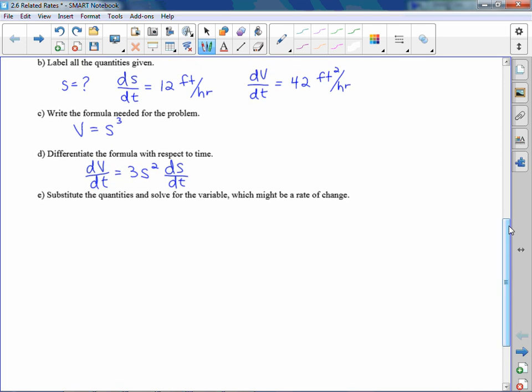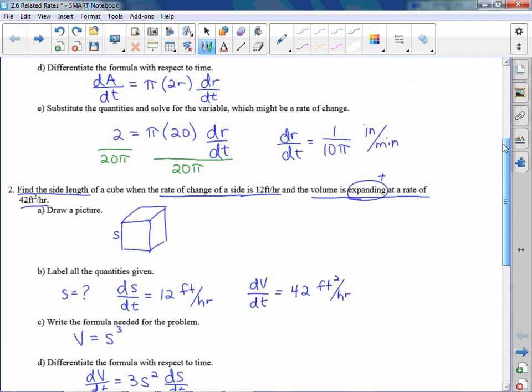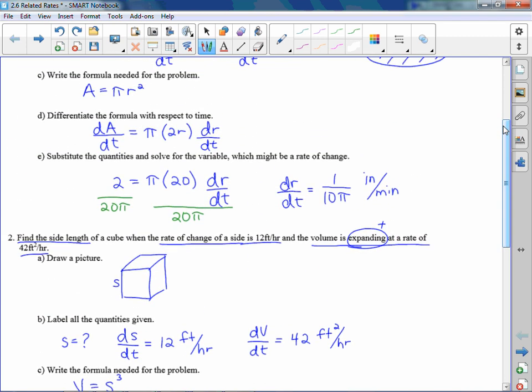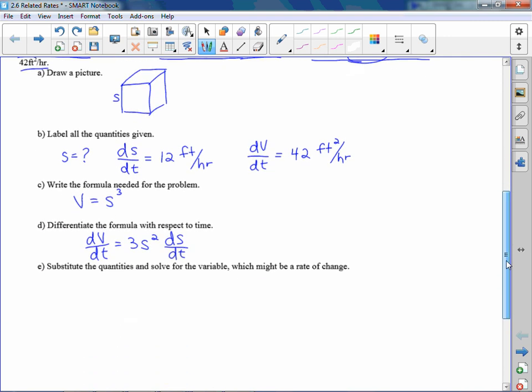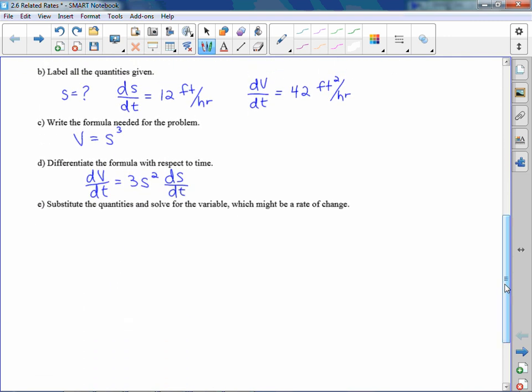All right, now we want to substitute the quantities and solve for the variable, which might be a rate of change, it says. That's because I wanted you to understand that sometimes, like up here in number 1, our variable is actually a rate of change there, dr/dt. Okay, this time it is not, however. We are looking for s. All right, dV/dt is going to be equal to 42.